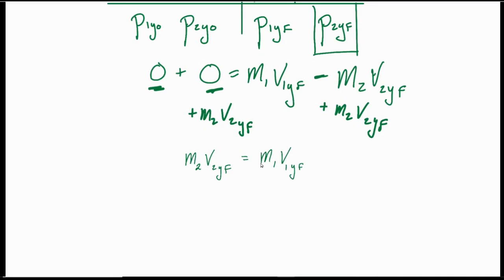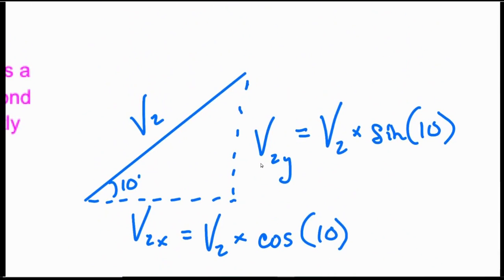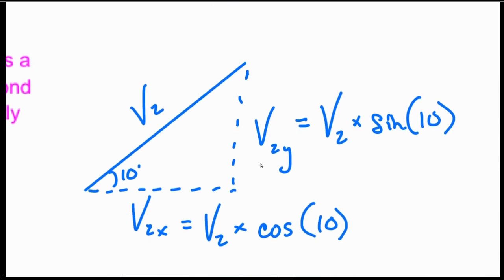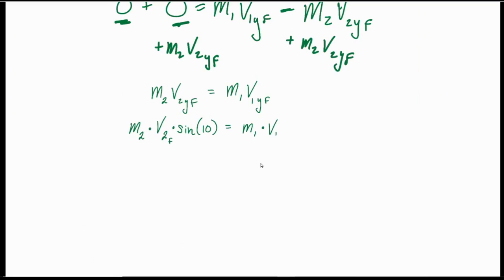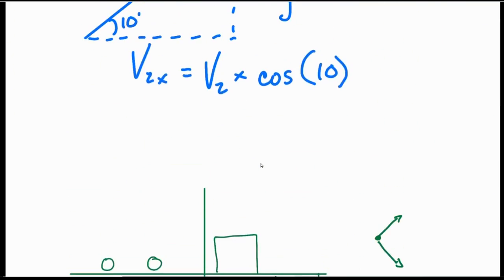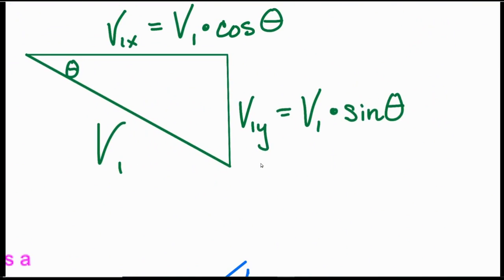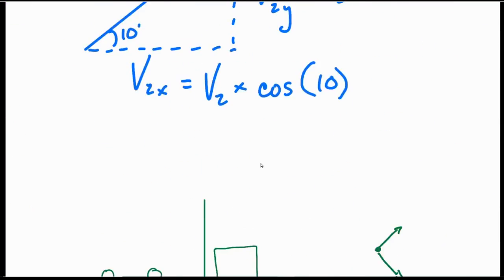All right, perfect. It wouldn't matter which one I made negative, because at this point they're just equal to each other. Then I'm going to substitute in the sines, because V2 in the y direction is V2 times sine of 10, and V1y final is going to be V1 times sine of theta.